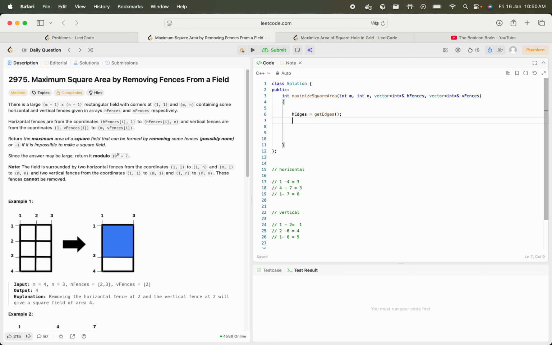Similarly, we can have for vertical edges. In horizontal edges, we need to pass edge fences. And in vertical, we want to pass the vertical.